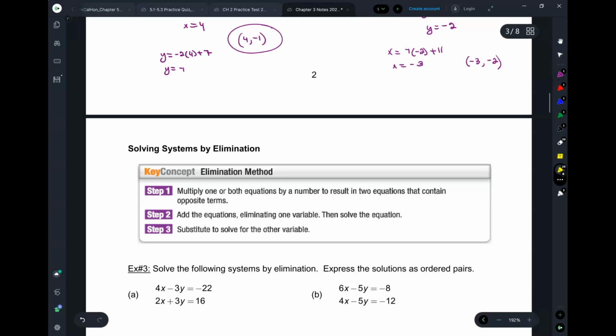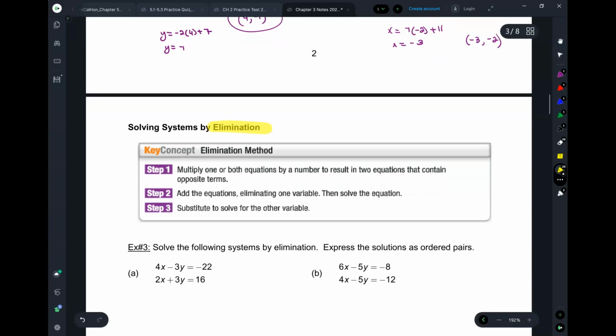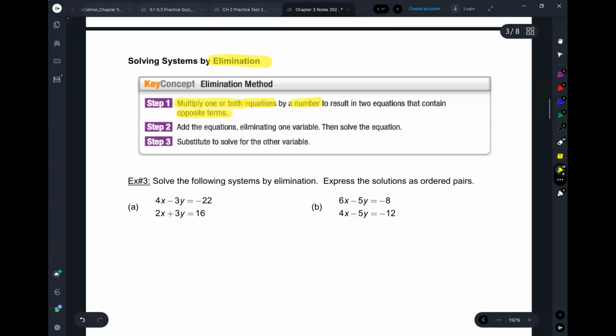All right, next. The last method is by elimination. Solving by elimination, in this case, you have to multiply one or both equations by a number so that you get opposite terms. What do we mean by opposite terms? You want, for example, either the two x's or the two y's to have the same coefficient but opposite sign, right?